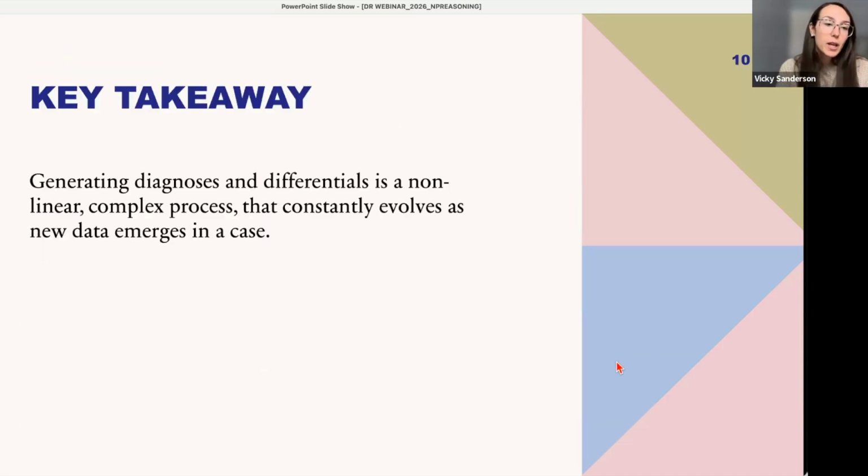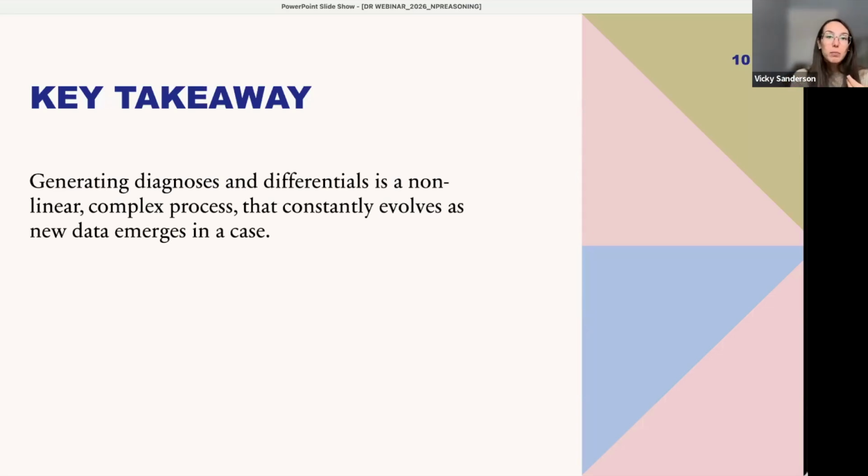So the key takeaway from this section is that we recognize that diagnosis and differentials are nonlinear. It's a really complex process that our brains go through, and things are constantly evolving as new data emerges in a case, right? So there's going to be times where you've diagnosed a patient and then a month later they're coming in and things are worse, and maybe they have a completely different diagnosis.